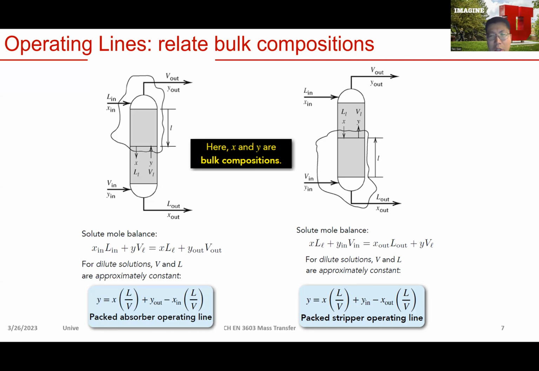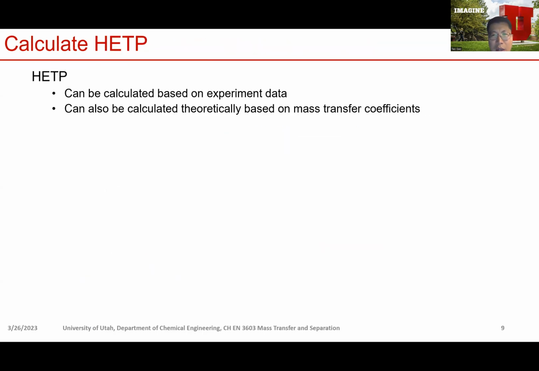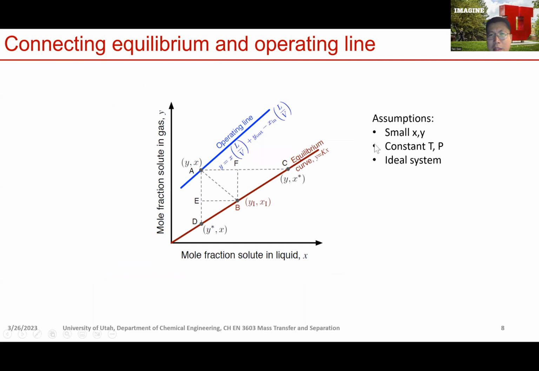With that, we can look at the overall graph, which has the operating line, the equilibrium line, and all the important information for us to analyze a packed tower, right? Remember that when we derived the operating line and equilibrium line, we made a few assumptions.